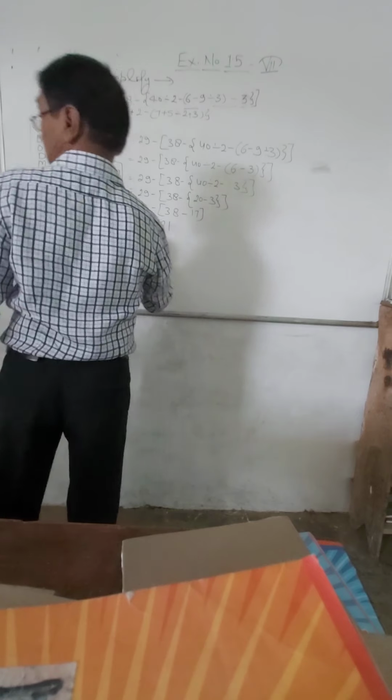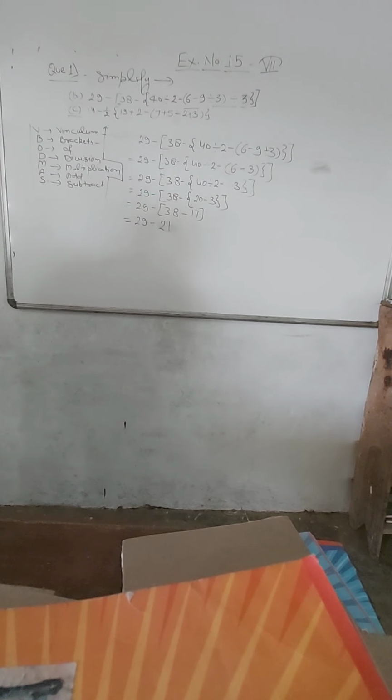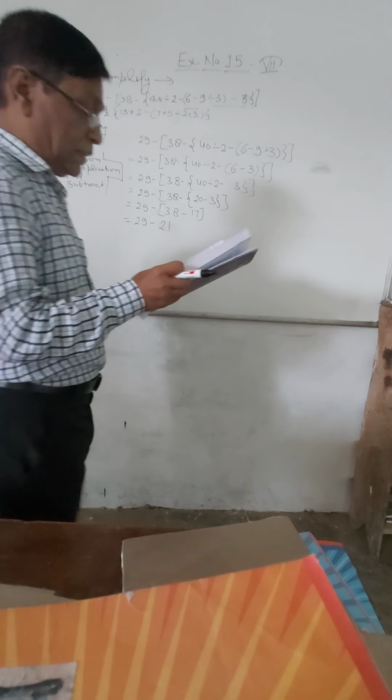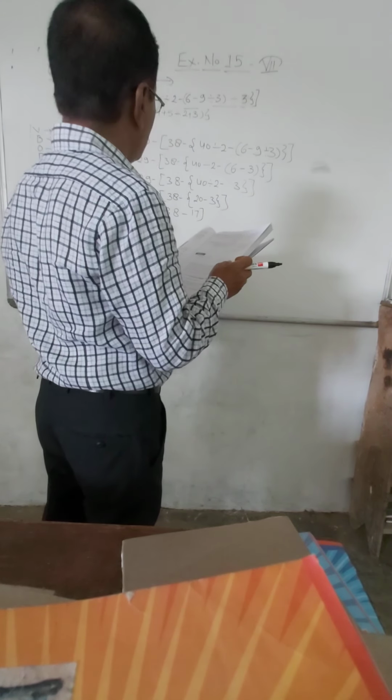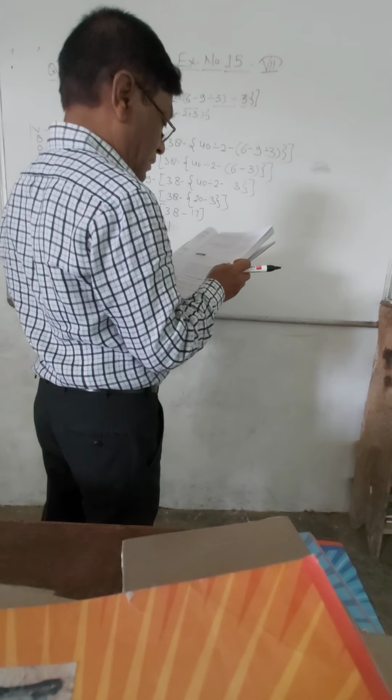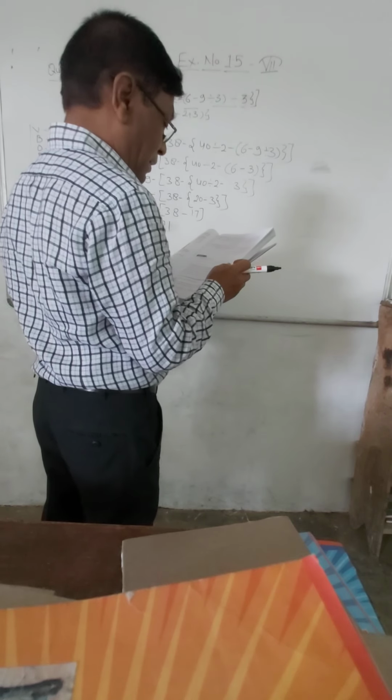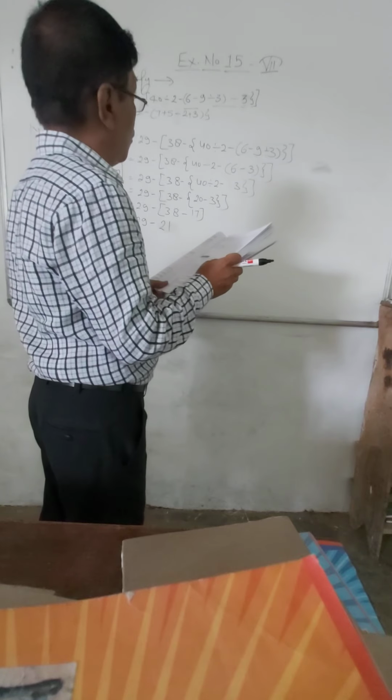So see, check the 3B. So 29 minus 38 minus 40 plus 2 minus 6 minus 9 divided by 3.